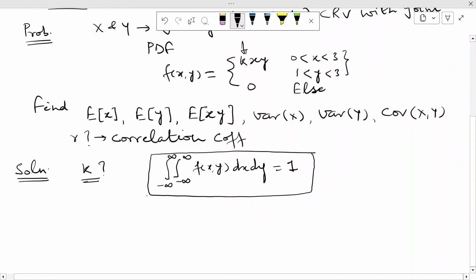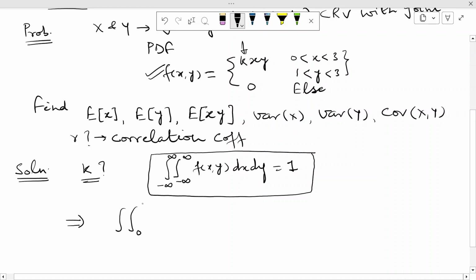We will use this property here in order to get the value of the unknown involved in our joint PDF. These limits are the general limits, but as far as our problem is concerned, the limits will be 0 to 3 for x and 1 to 3 for y, because of how we have this joint PDF. So we will use double integration.